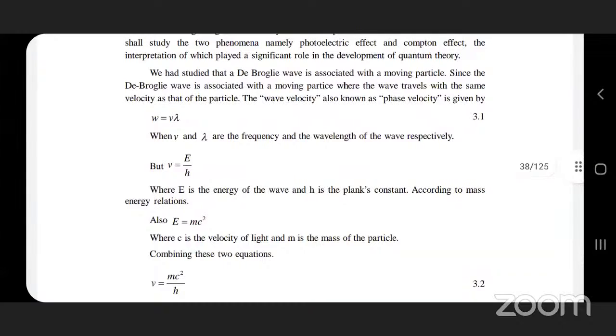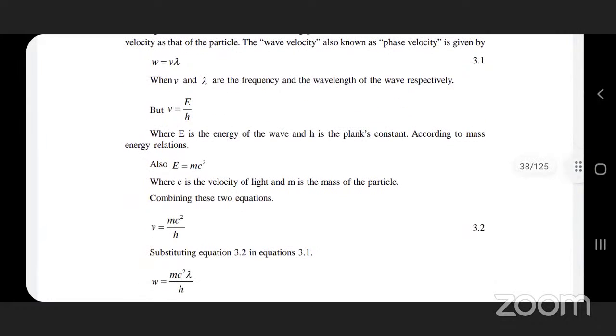And you know pretty well, nu equals E by h, where E is the energy of the wave and h is Planck's constant. Also, you know the energy mass relation proposed by Einstein, E equals mc square, where m is the mass and c is the velocity of light. What is the value? 3 into 10 power 8 meter per second, or 3 into 10 power 10 centimeter per second.